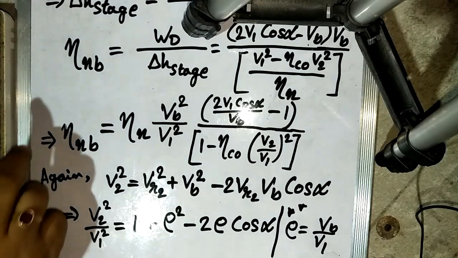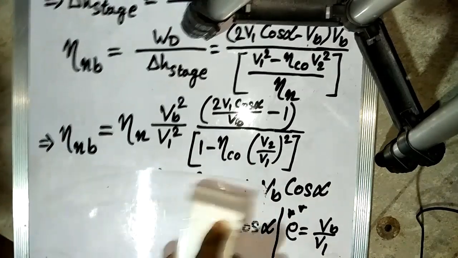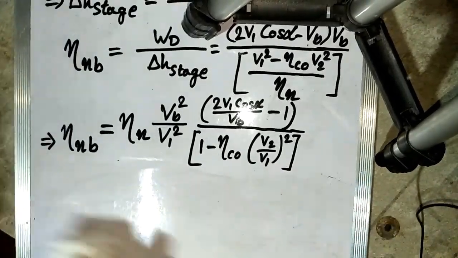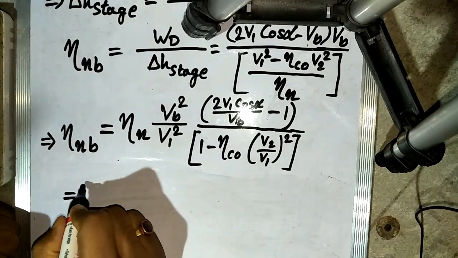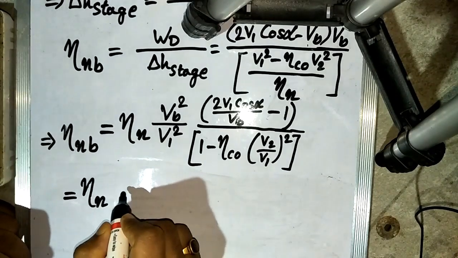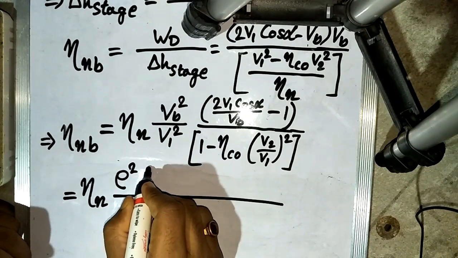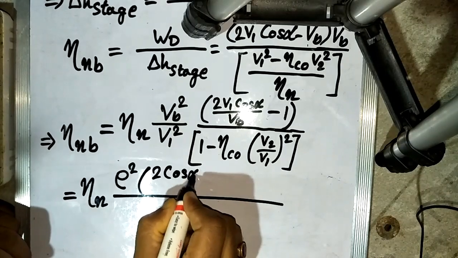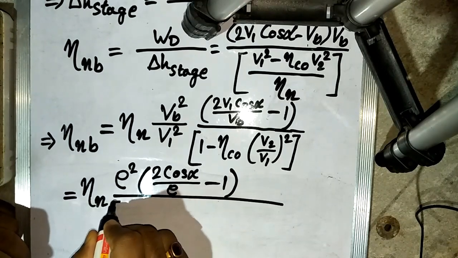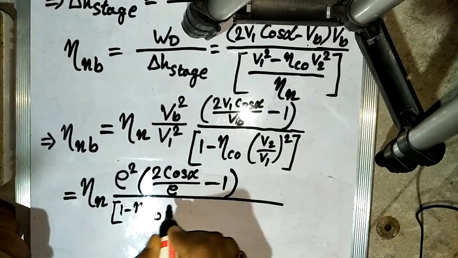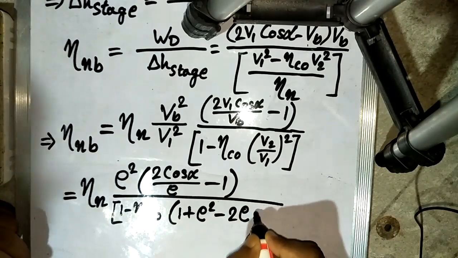Now let's substitute this ratio into this NB expression. So if we substitute this expression, we get eta n into rho square, 2 cos alpha by rho minus 1, divided by 1 minus eta co into 1 plus rho square minus 2 rho cos alpha.